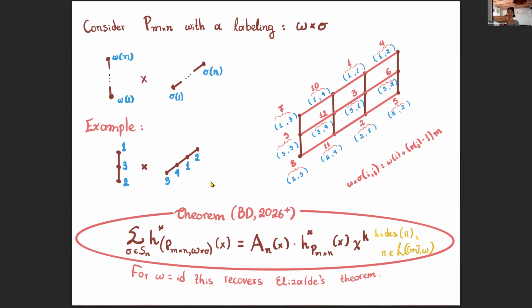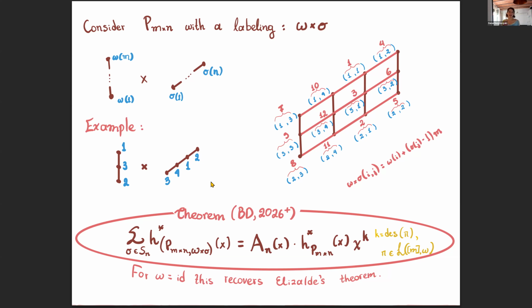And when I look at the diagonals, again, the relative order of the elements will be coming from the permutation sigma. So 3, 4, 1, 2 in this case. So there's a way to do it, and things work nicely.